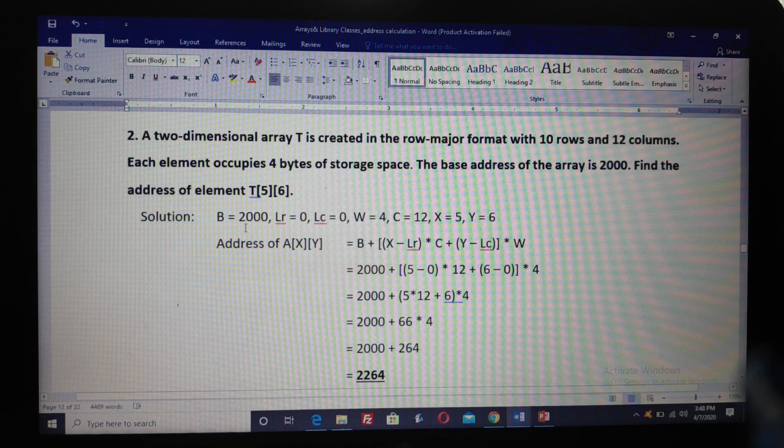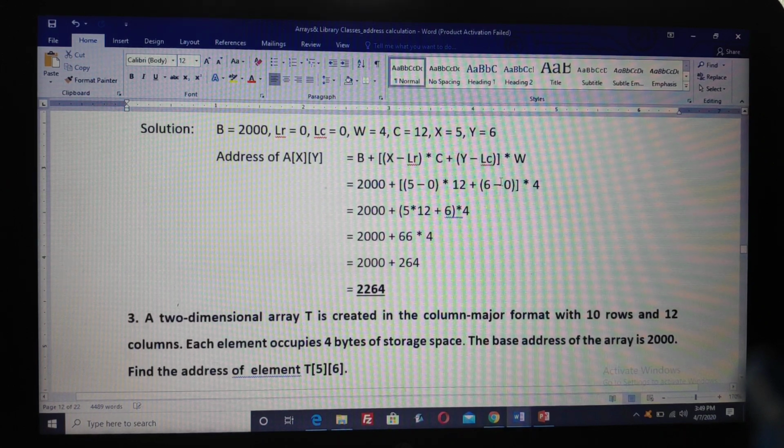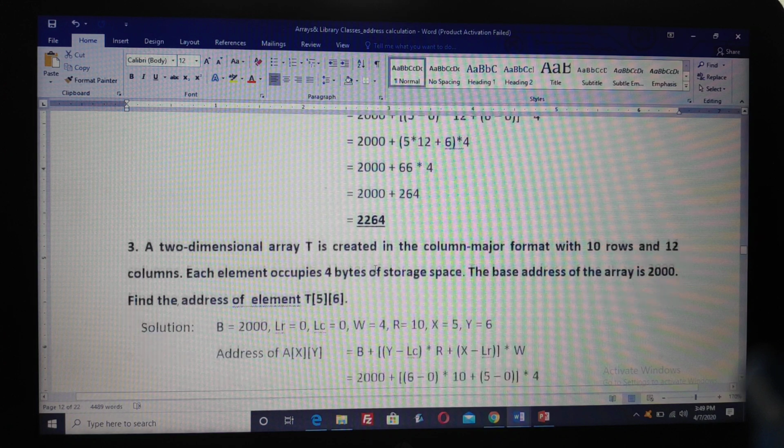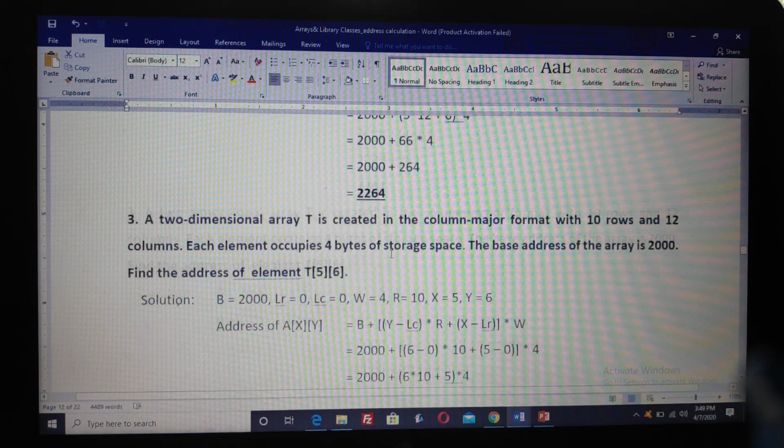So here the base address is given as 2000, lr is 0, lc is 0 because it is not mentioned in the question, so we have taken lr as 0 and lc as 0. The width is 4 bytes, already mentioned over here, and the column count is 12. x is 5 and y is 6, so row and column respectively. If you calculate this, you'll get the address as 2264.